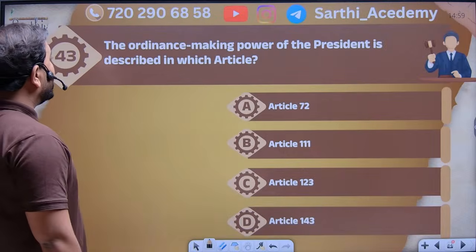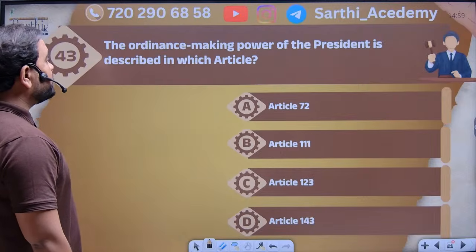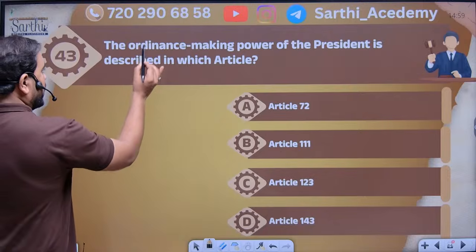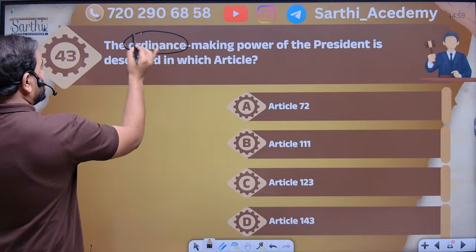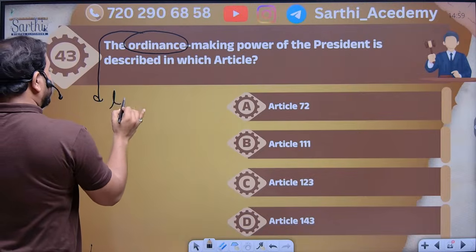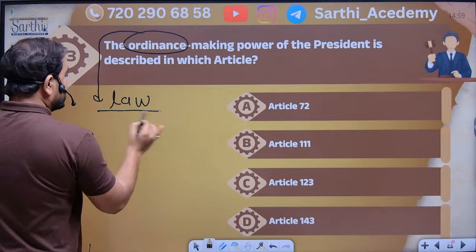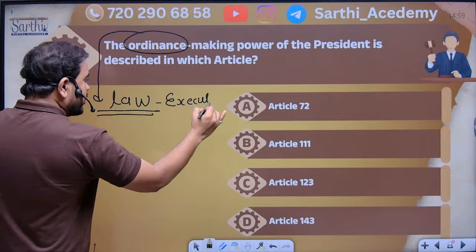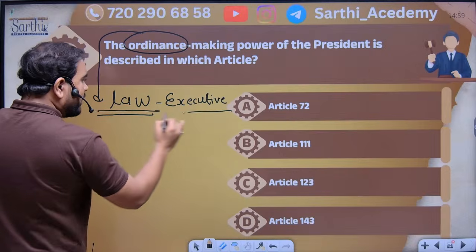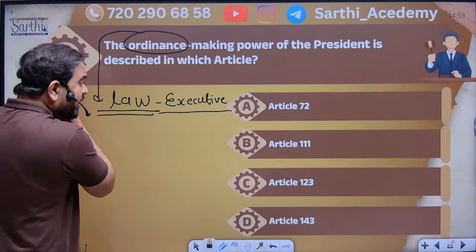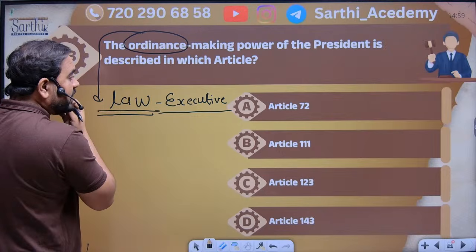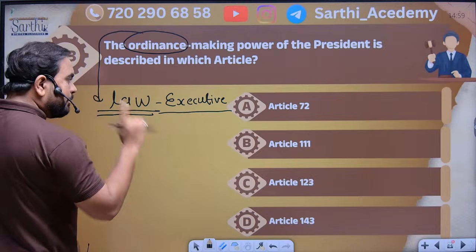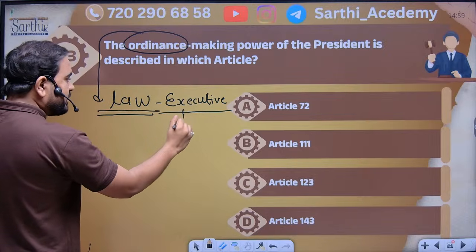Next question is, the ordinance making power of the president is described in which article? Ordinance is actually a type of law which is made by the executive. Does the executive have the power to make law? The answer is no. Law making power actually lies in the hand of the legislature, but there is one article which empowers executive, that means president. Why?